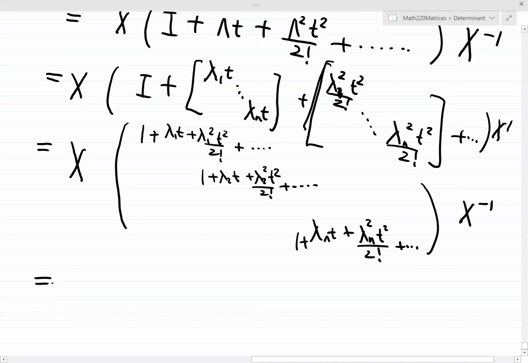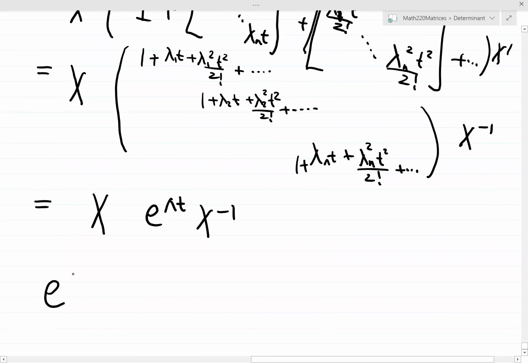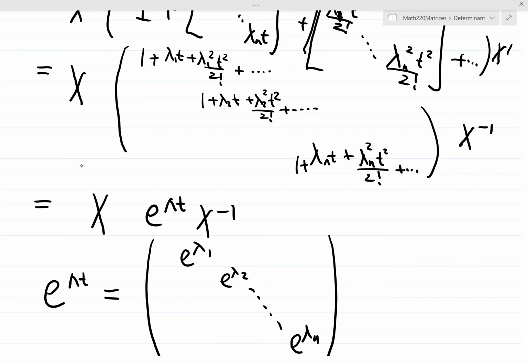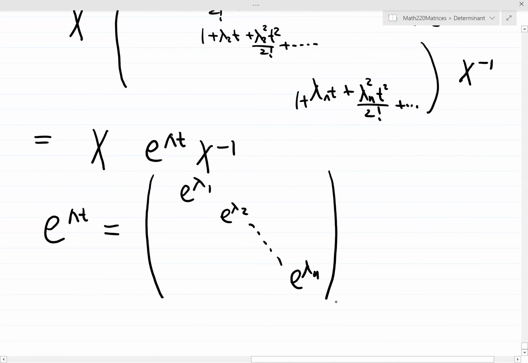So you got X e to the Gamma t X inverse. E to the Gamma t is this matrix, according to what we just wrote explicitly: diag(e to the lambda 1 t, e to the lambda 2 t, ..., e to the lambda n t).